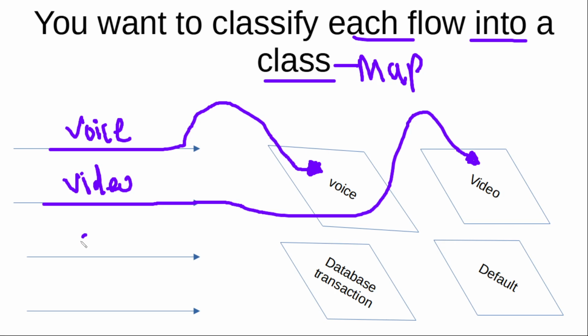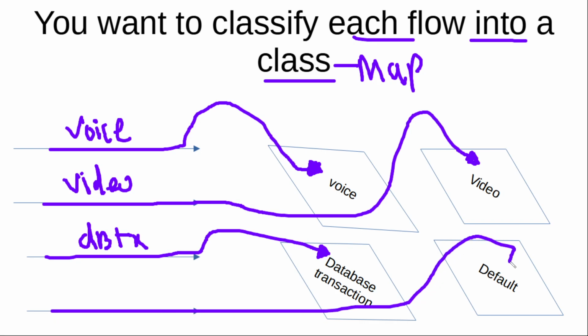And we want to identify database transactions traffic and place it into an adequate database transaction class map. And if we have some traffic that cannot match any of our classes, we are going to place that into a default class map. This is basically the idea behind classification for Cisco.